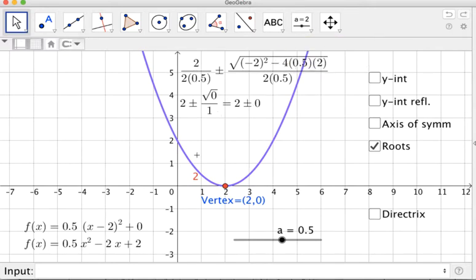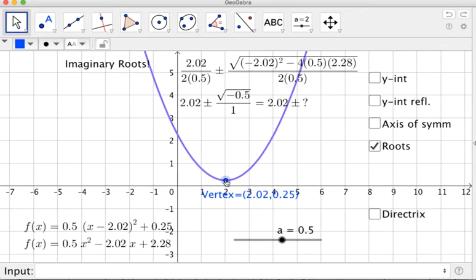And so we end up with just the x value of our vertex plus 0 and the x value of our vertex minus 0 to get our 2 roots, but these 2 roots then turn out to be the same point, and so we end up with just the one solution to the equation, which is x is equal to 2. So that's the case when we have the vertex right on the x-axis.